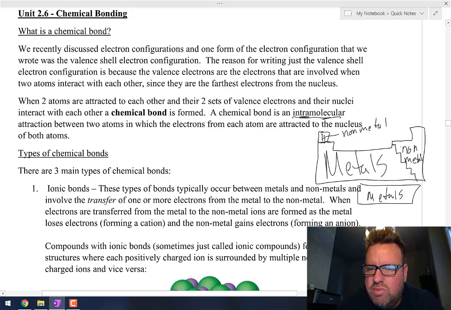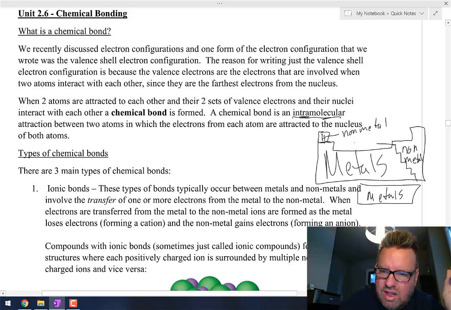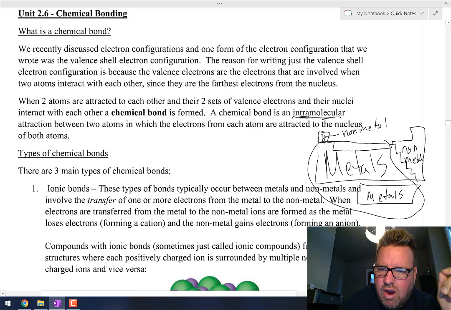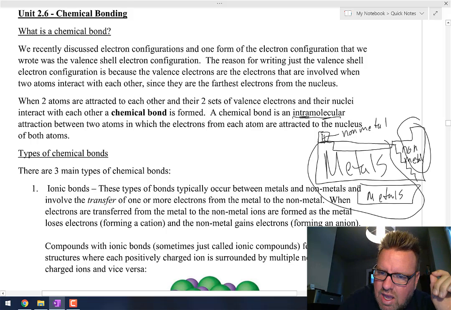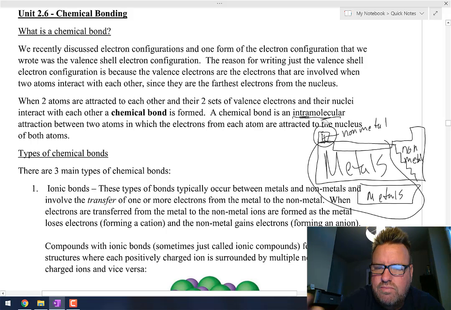Don't worry too much about those, but just know that most of the elements on the periodic table are metals. There are some non-metals, but not many.